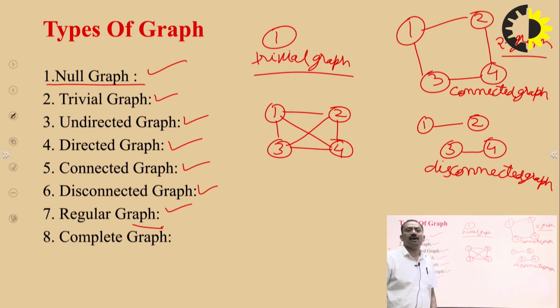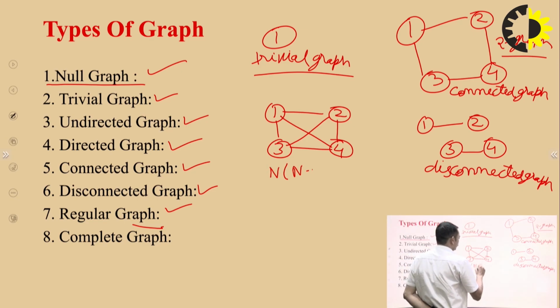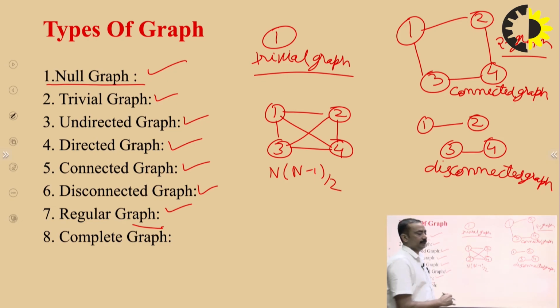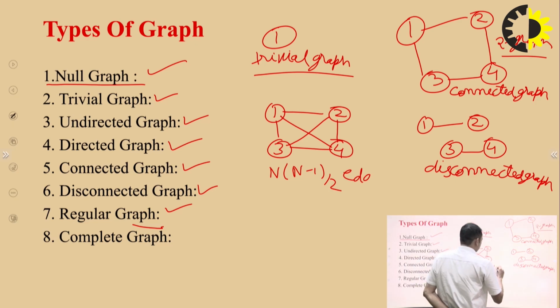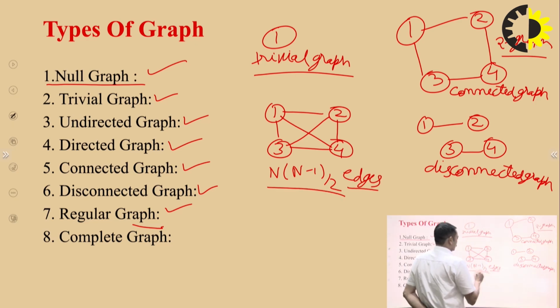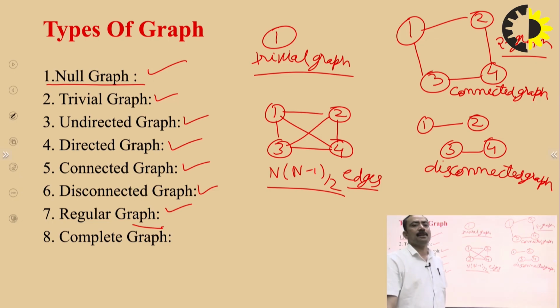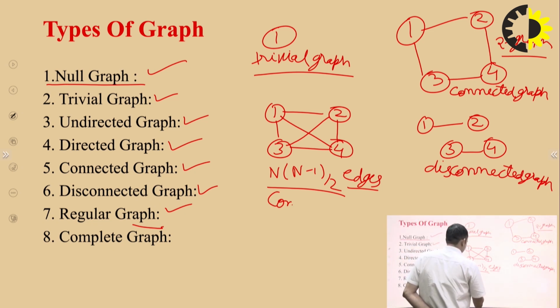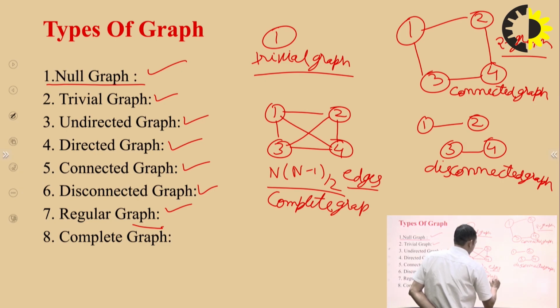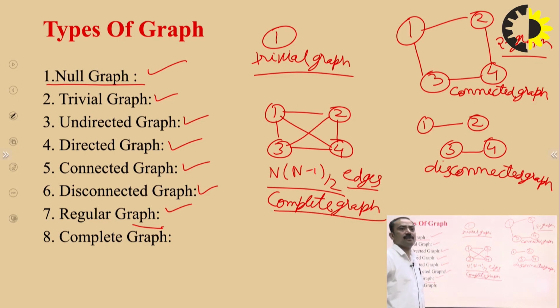So a graph with n vertices has n into n minus 1 by 2 edges. We don't have to count the number of edges in a complete graph; this is the formula for a complete graph with n vertices.